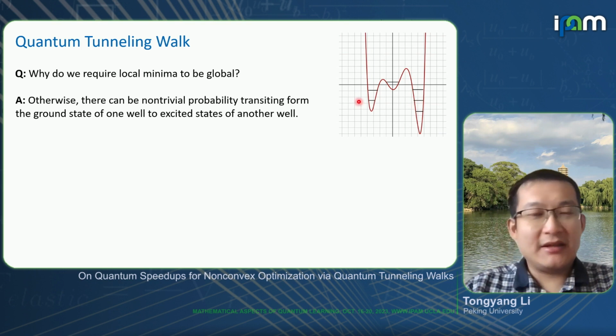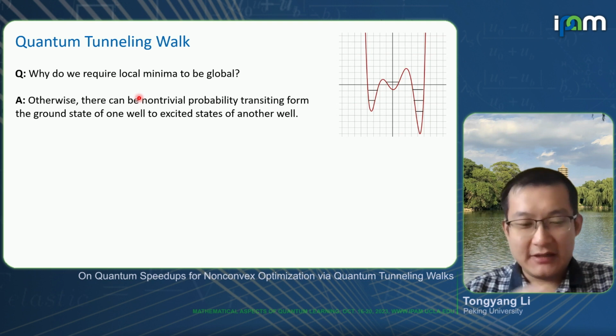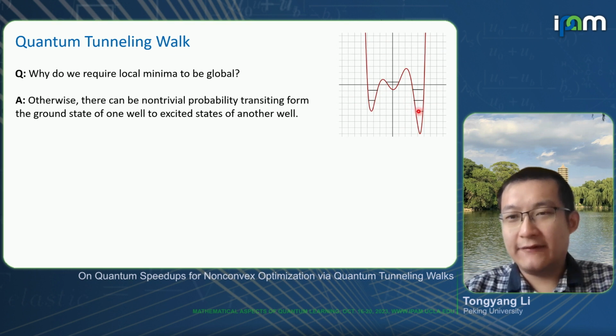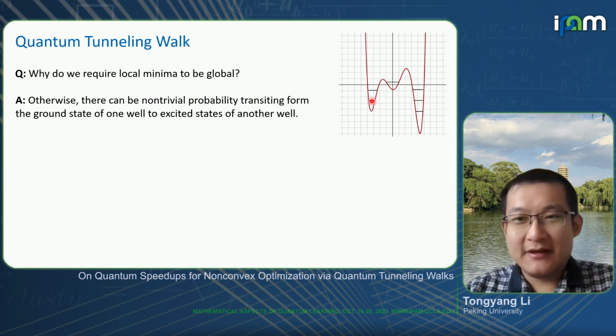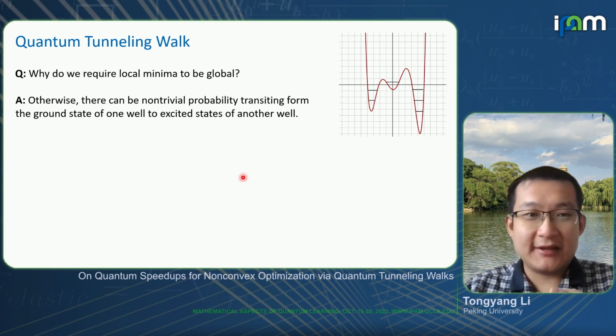The assumption that the local minima are global means that we consider the subspace spanned by all the local ground states of all the local wells, and we have further analysis along this line. But if, for instance, there can be crosstalk between ground states of one well and excited states of the other wells, there is some non-trivial math here that probably needs future work to study.